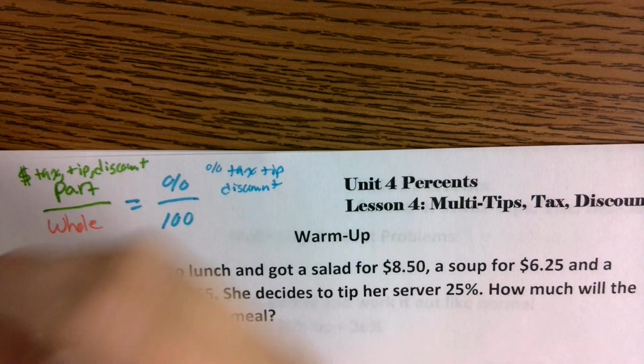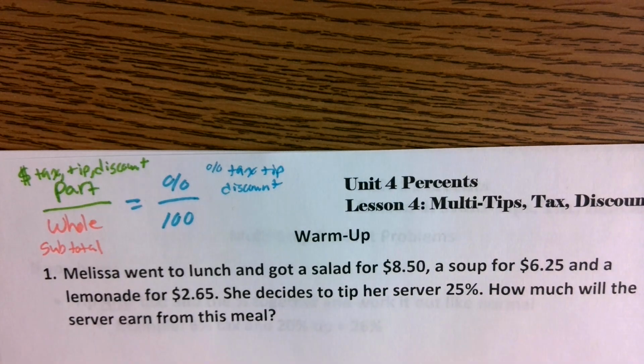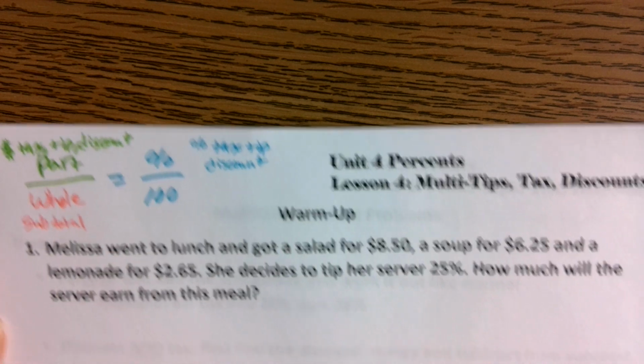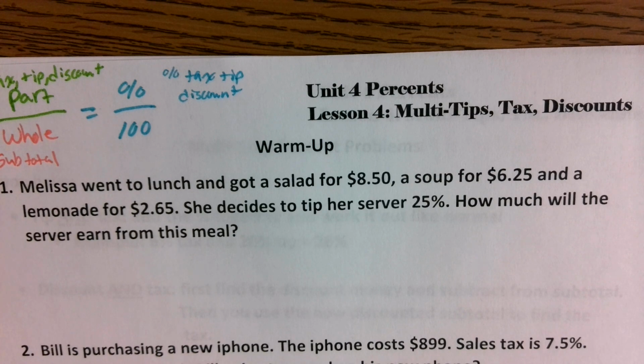The whole represents the subtotal, meaning the cost before you find tax, tips, or discounts, or commissions, or anything of the sort. So in a situation like this, we first have to figure out how much money she is spending on her lunch.